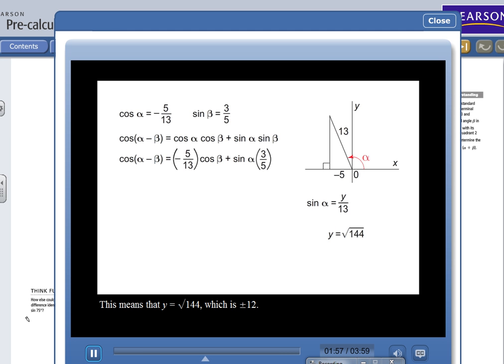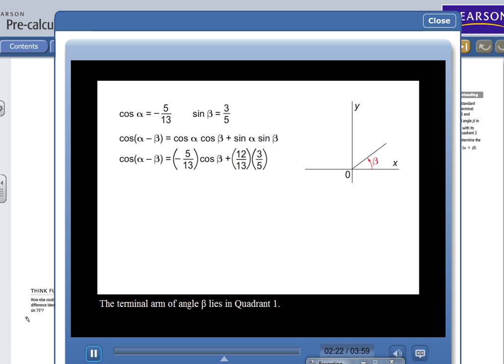This means that y is the square root of 144, which is positive or negative 12. Based on my diagram, I know that y is positive, so y equals 12, and sine alpha equals 12 over 13. I can replace sine alpha in my equation with 12 over 13.